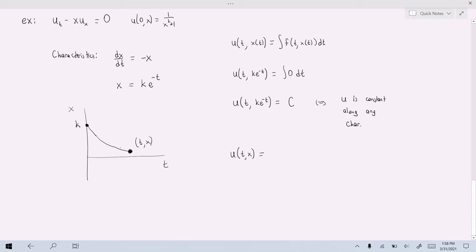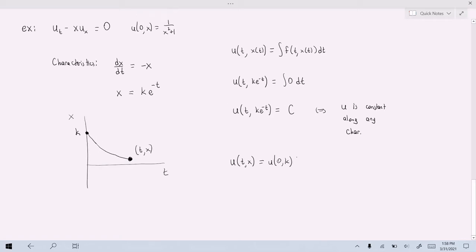So in particular, it'll be the same as u evaluated at the point (0,k) at the beginning. We can apply our initial condition to say that u of (0,k) will be 1 over k squared plus 1.